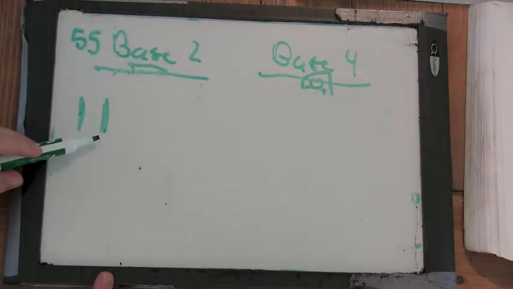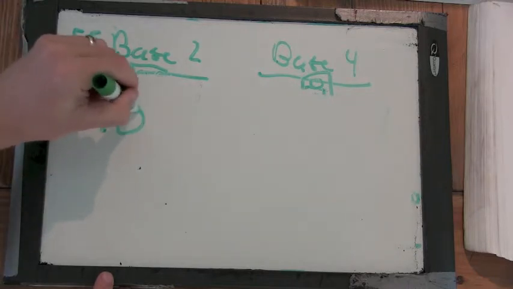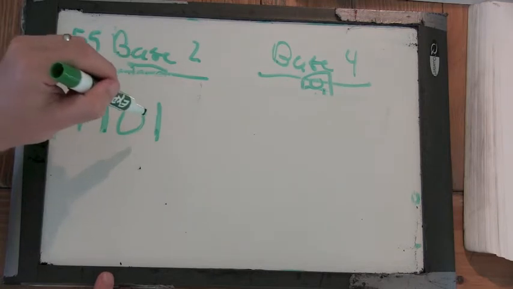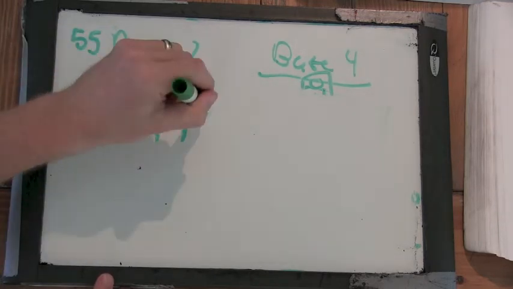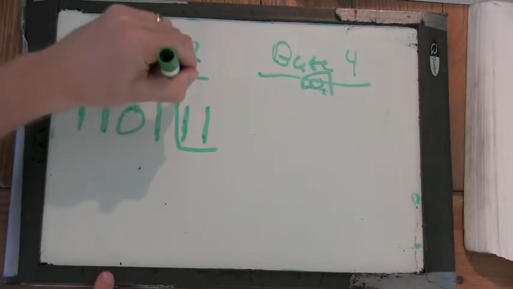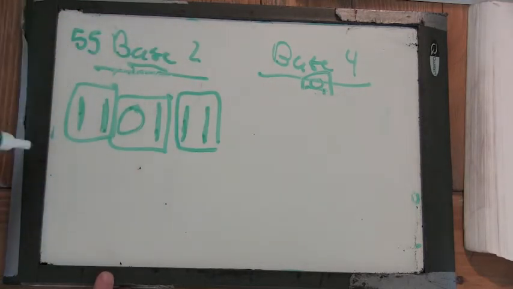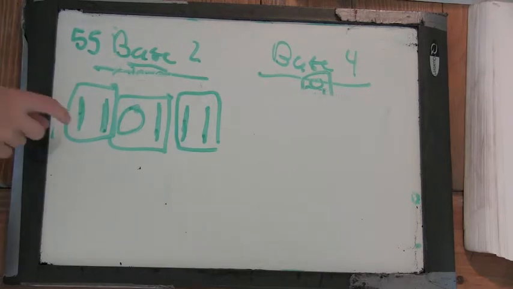You have no 8s, and I think a 1 of everything else: 1 4, 1 2, and 1 1. And we think we're going to pair them in groups of 2, like this. So let's see if our pattern continues, what will the base 4 representation be?